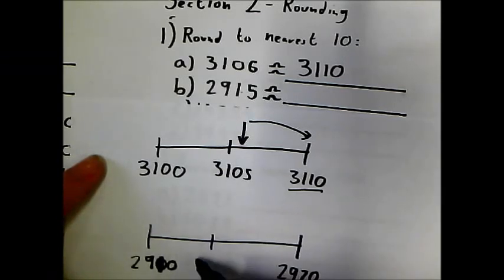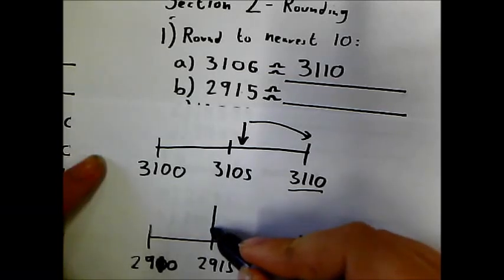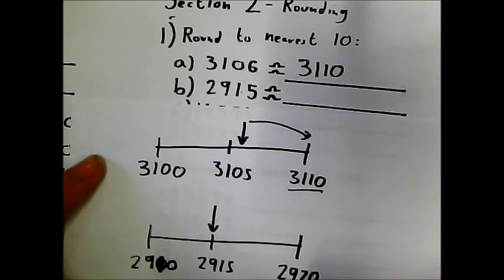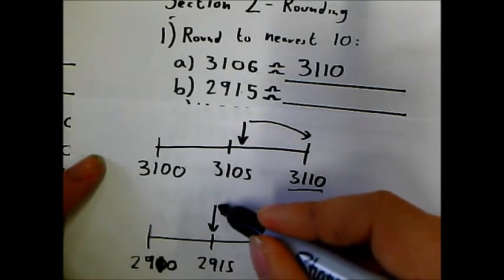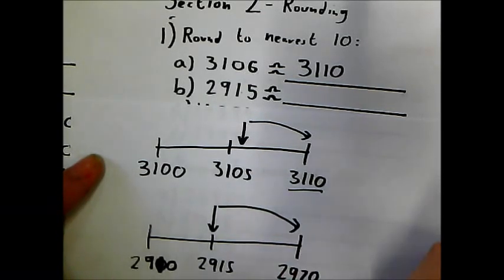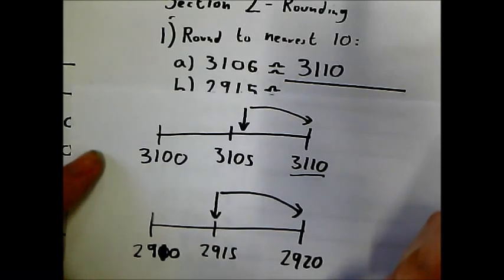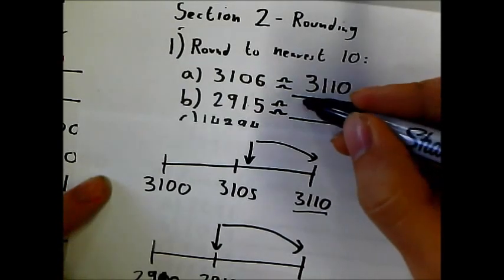Halfway between these numbers is 2,915. I'm exactly on the halfway point. Now, just by convention, so that means just mathematically, we'd say that we always round up if it's exactly halfway. So this is 2,920.